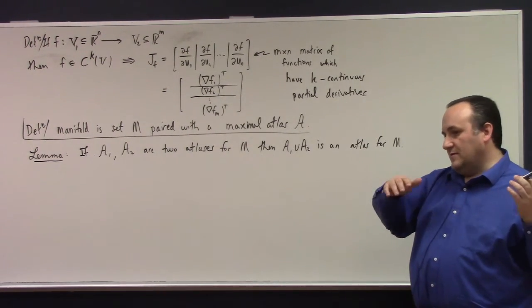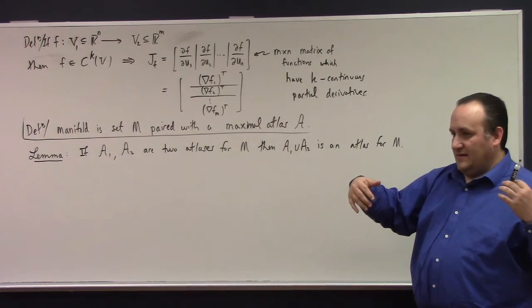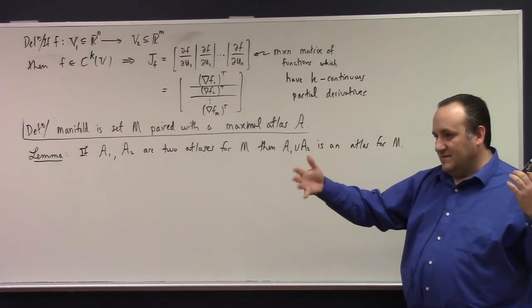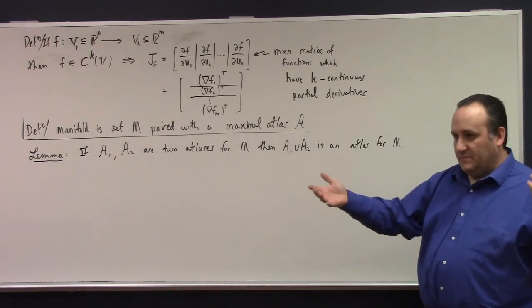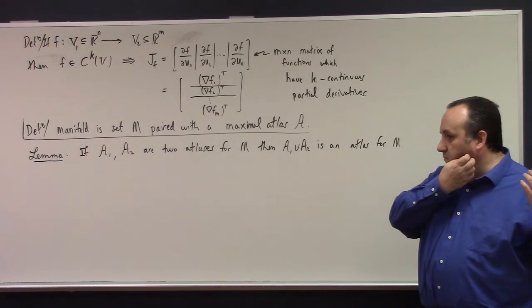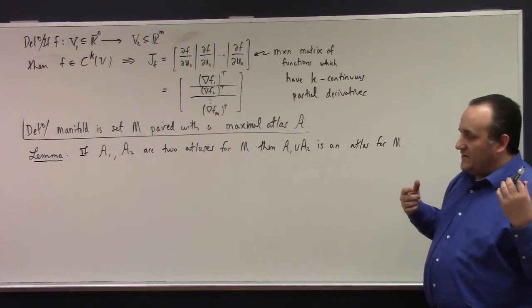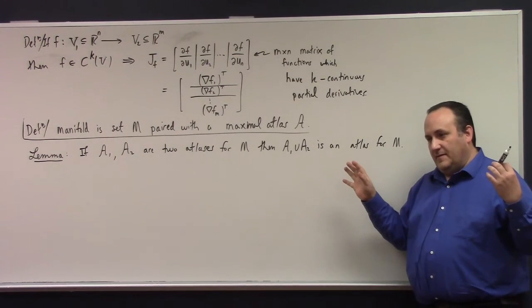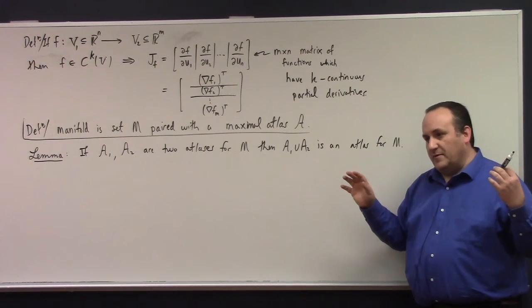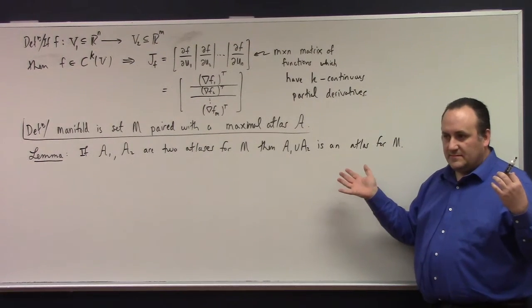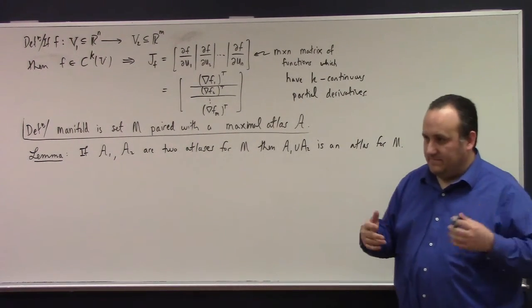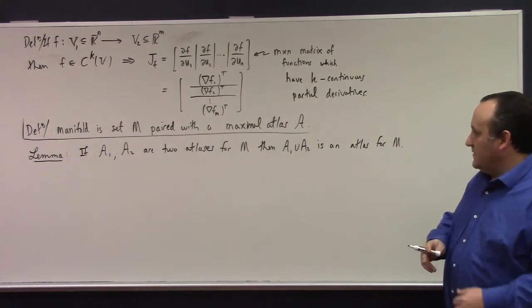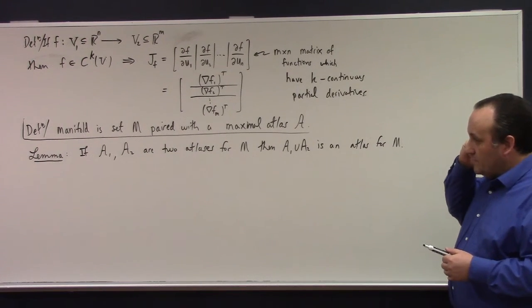There's no larger atlas which contains that atlas because you've already adjoined all of the compatible charts with your given atlas. The cool thing is there's a lot of theorems that if we prove for an atlas, then it implies that the same property is true for the maximal atlas. That's a theorem I'll probably state here at some point.